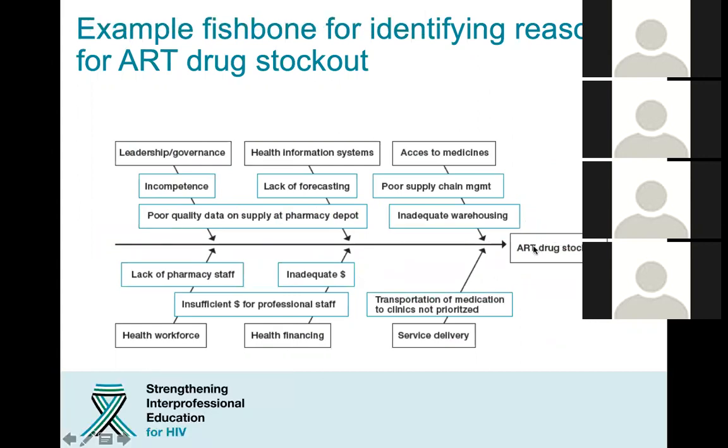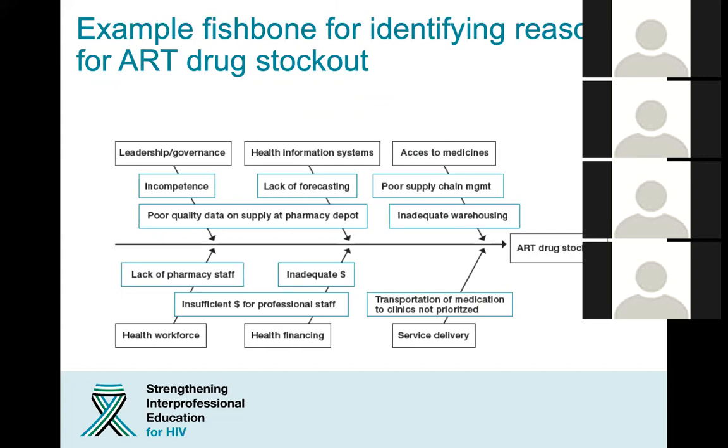Each of those 6 building blocks is on the end of a bone of the fishbone, and the participants will be asked to fill in under each bone what could possibly lead to the stock out, to give us a better understanding of it.